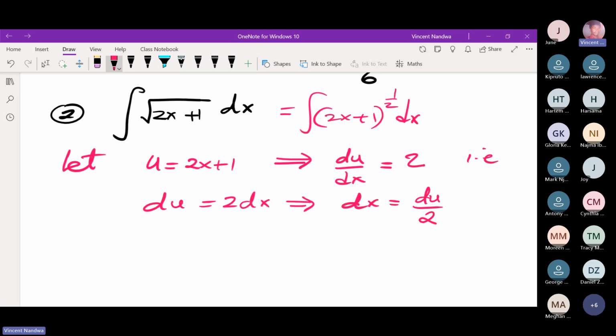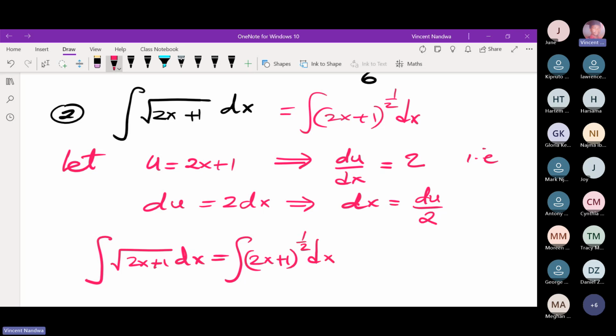So therefore now the integral of square root of 2x plus 1 dx, which is the same as the integral of 2x plus 1 power half dx, will be the integral. So all these brackets you have fixed to be u power half. Then where there's dx, we replace by du over 2.